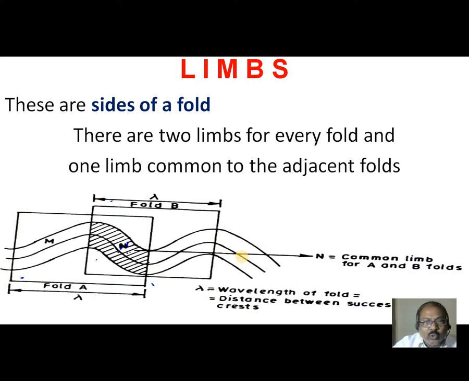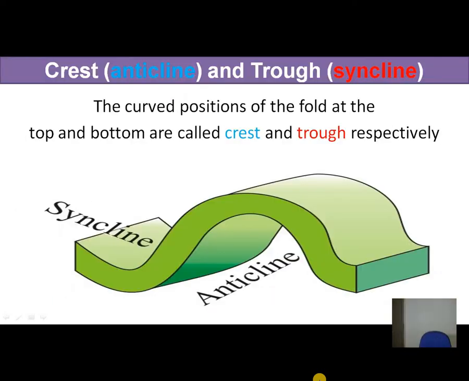Usually there are 2 limbs for every fold, and one limb is common to the adjacent fold. This limb is common to this fold and this fold. Crest we can call anticline, and trough we can call syncline.